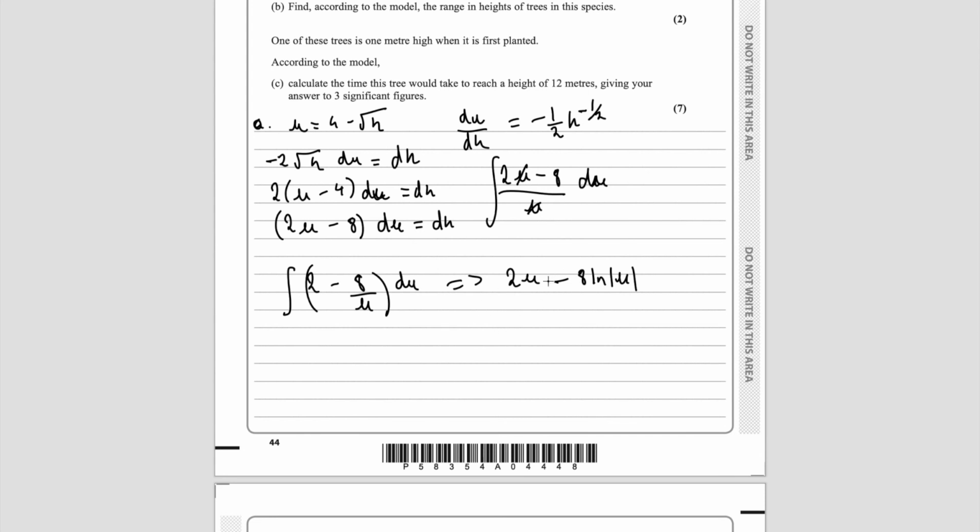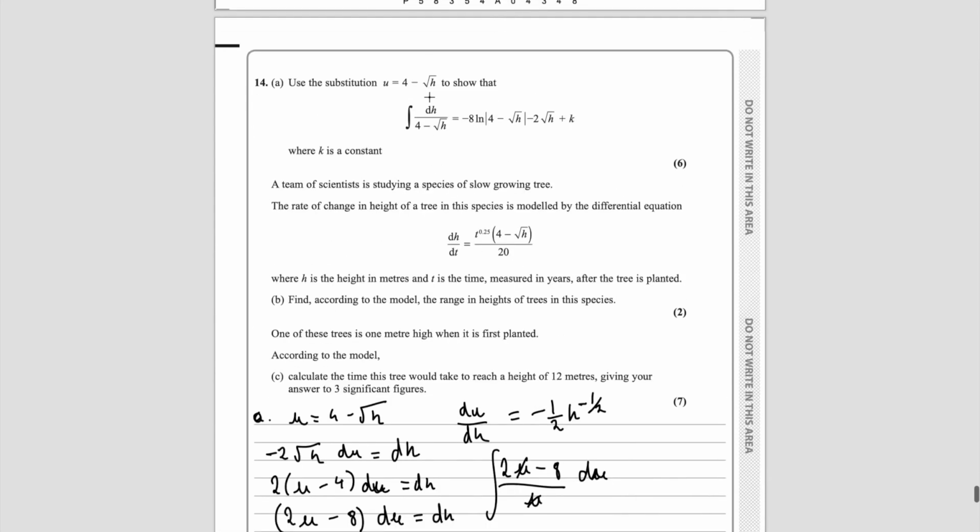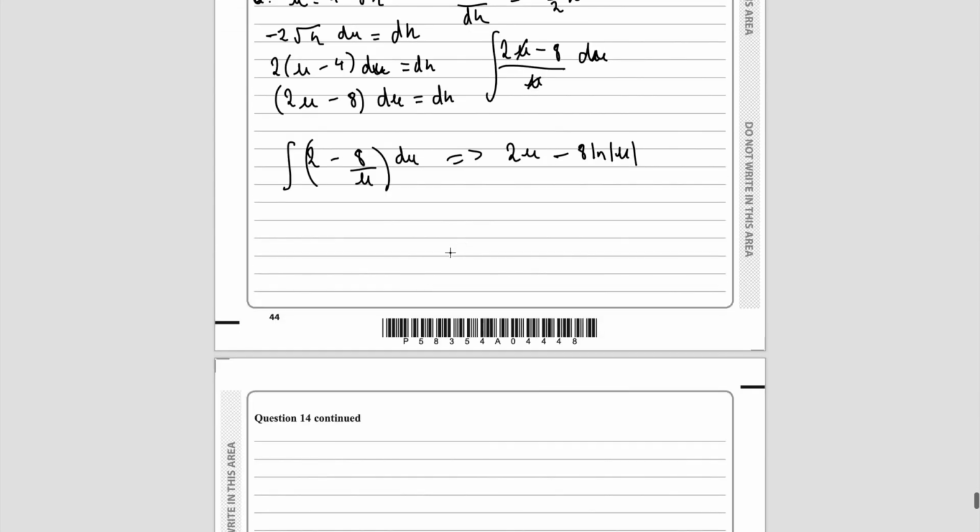Now we're just going to be putting in our normal h term to replace what we substituted it with. So minus 8 ln 4 minus root h plus 2 times 4 minus root h.